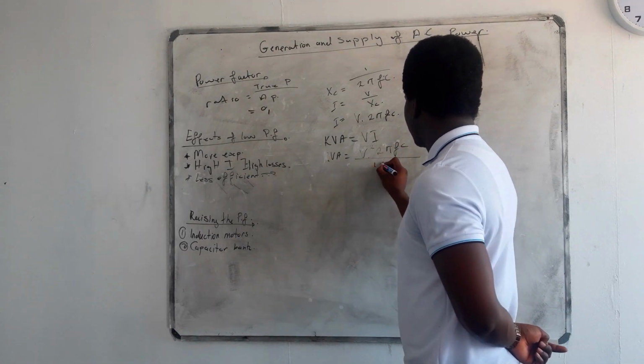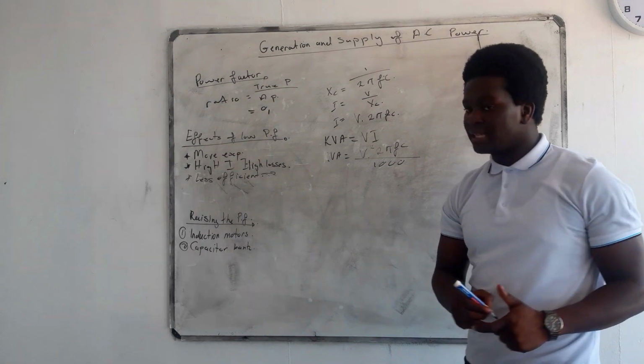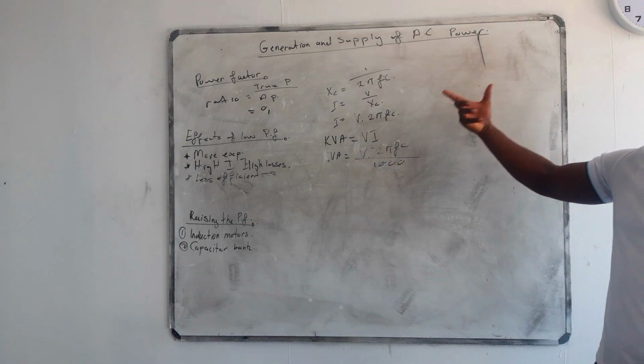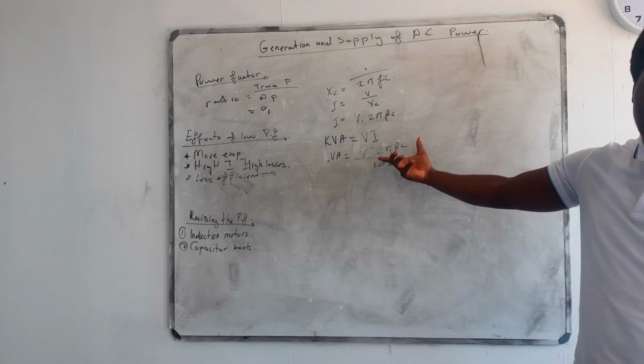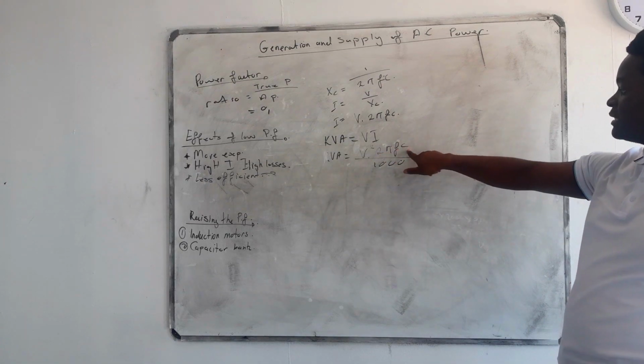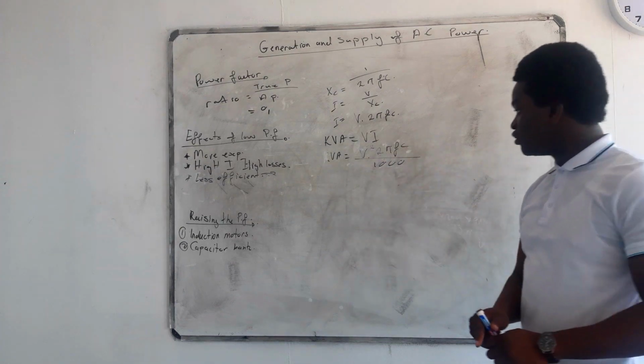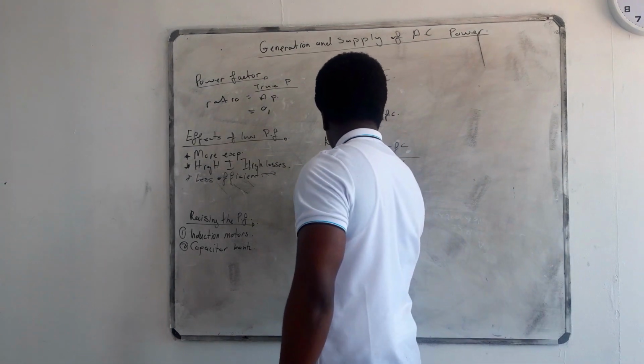Because we remove the K, we're going to divide by 1,000. This is where the formula comes from. But your questions would want you to determine the capacitance, so we have to make C the subject of the formula.